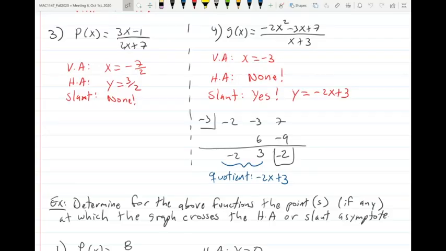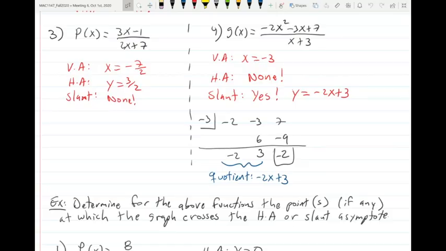You okay? So the question that we're trying to answer is to determine whether our function crosses the horizontal or slant asymptote, if it has any. Okay? So in this case, this function number 4, the function g, has no horizontal asymptote, so we don't have to worry about that, but it has a slant asymptote. So we are trying to figure out whether we're going to cross that line or not.